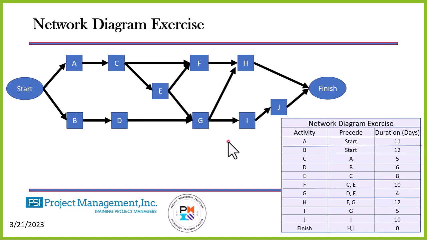If not, we're going to have to do it in a chart similar to this and establish those based on the requirements, based on the dependency. Our next step is going to be the duration. In this case, our duration is days. We'll put the durations up over the top of each of these activities. The duration estimates come from the process that's called estimate activity durations.